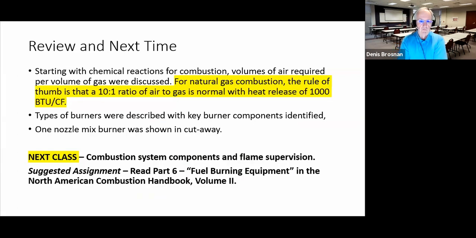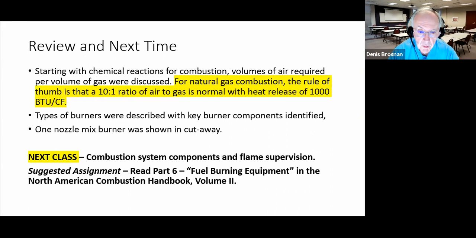Okay, well, reviewing just a little bit for today. Today we talked about mainly the air to fuel ratio required for complete combustion. And you've seen that we use a little bit of excess air to get complete combustion, and the ratio will depend on the type of fuel that we're using.